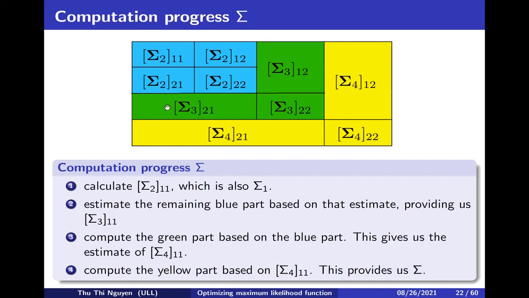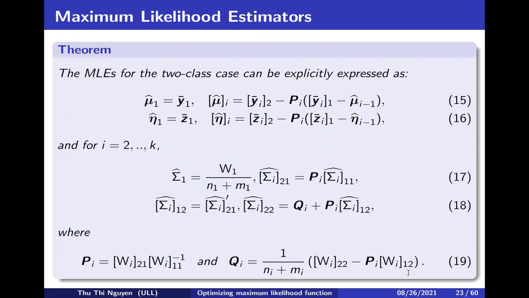Next we will estimate the green part based on the blue part, and that gives us sigma 4 bracket 1 1. And finally we compute the yellow part based on sigma 4 bracket 1 1, and this provides us the whole sigma.